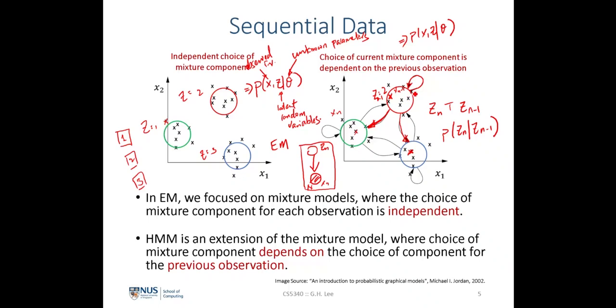Obviously, the probability values, which we call the transition probability values, conditioned upon the previous time step of the observation belonging to class 2, are going to sum to 1. This means that the transition probabilities, given that Zn minus 1 equals 2, are going to sum to 1.